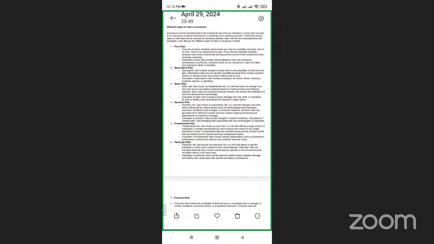That means the risk where there is no possibility of gain, but only a possibility of loss or no loss, is your pure risk. That means either on the happening of the risk, the loss will occur, or if the risk does not happen, no loss will happen. You will be where you were before the loss.